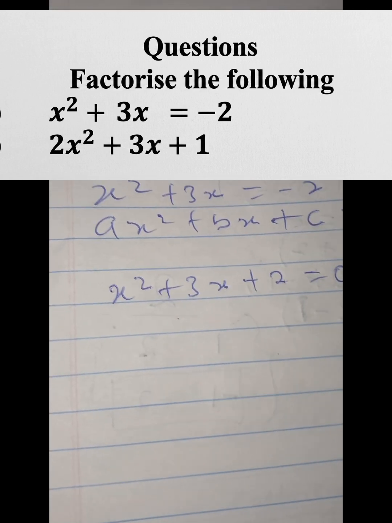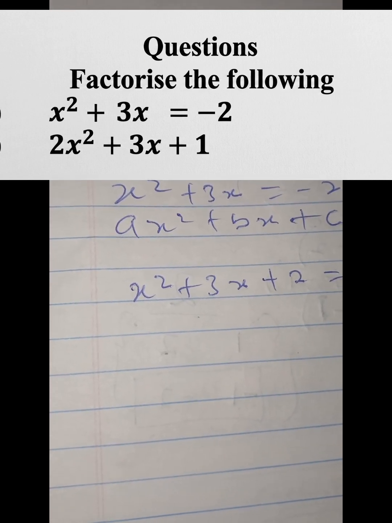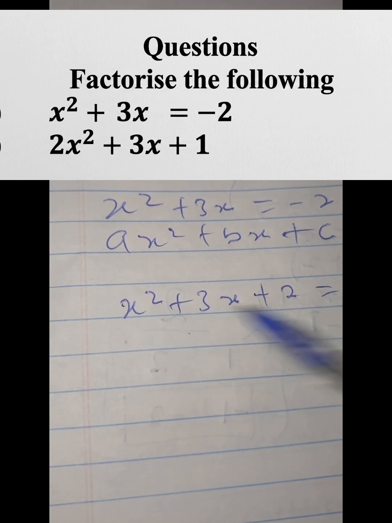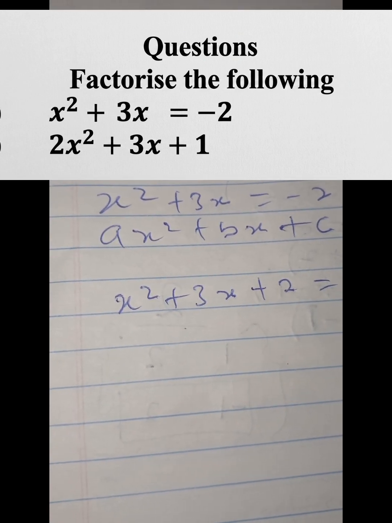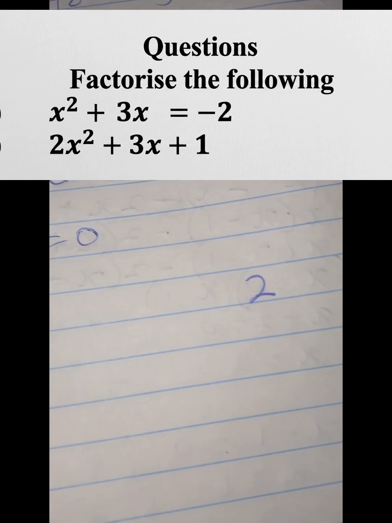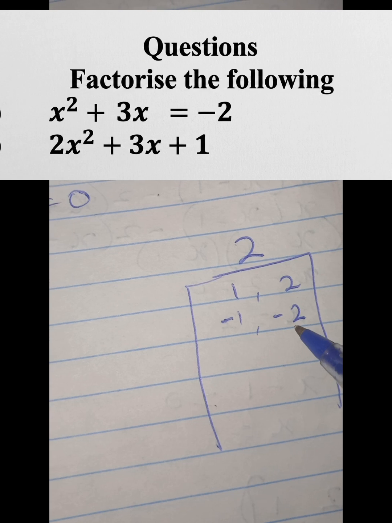For us to factorize this, the rule states that we have to multiply the coefficient of the square term, which is here, by the constant number. So 1 times 2 gives us 2. Then find the factors of 2. For the factors of 2, we have 1 and 2, and then minus 1 and minus 2.